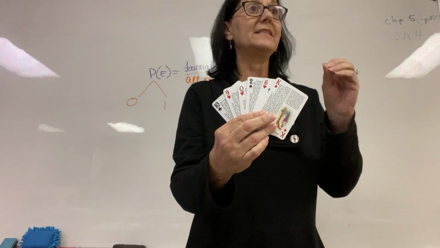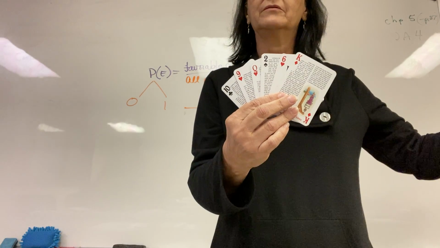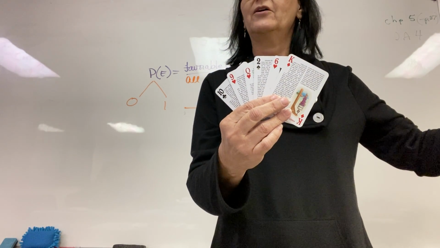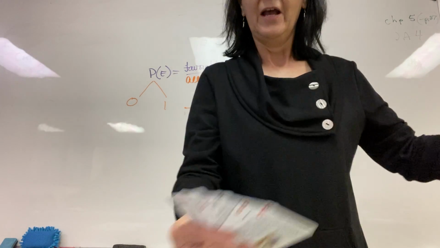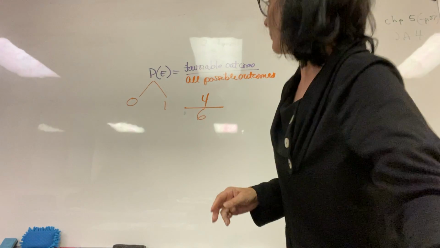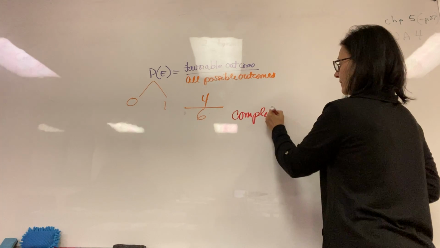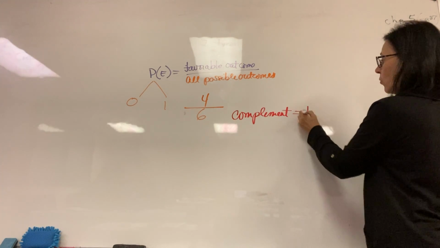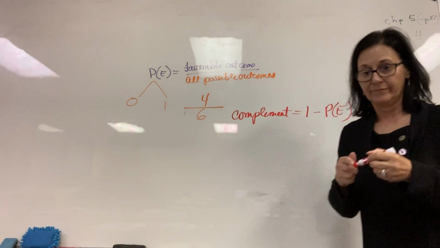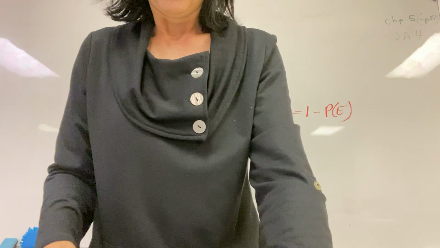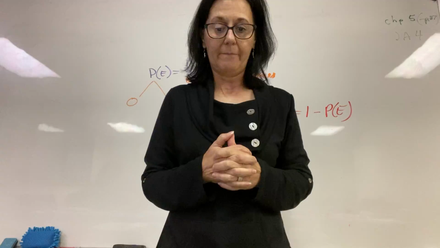The complement would be, what is the probability that I don't draw a red card? 2 out of 6, or 1/3, right? So the complement is always equal to 1 minus the probability of the event. Always. The complement is always 1 minus the probability of that event happening.